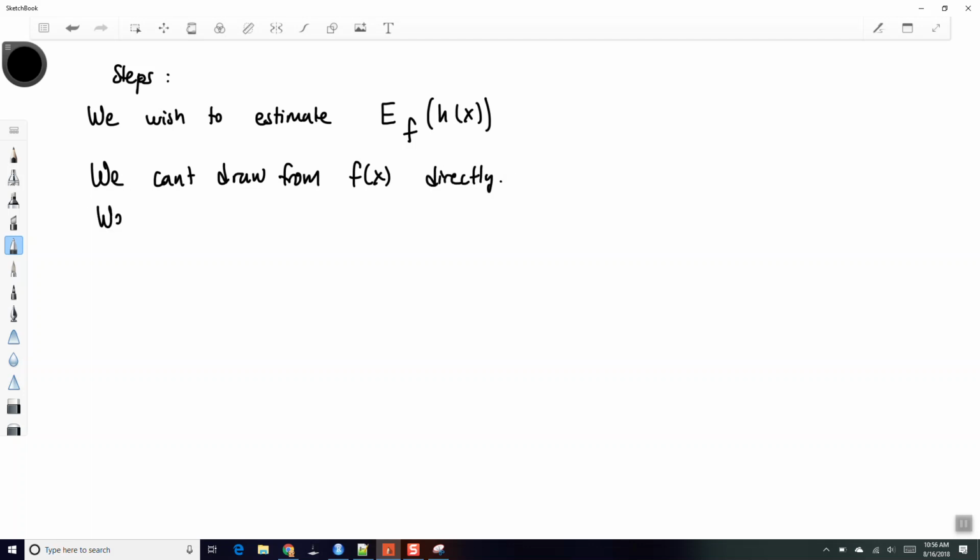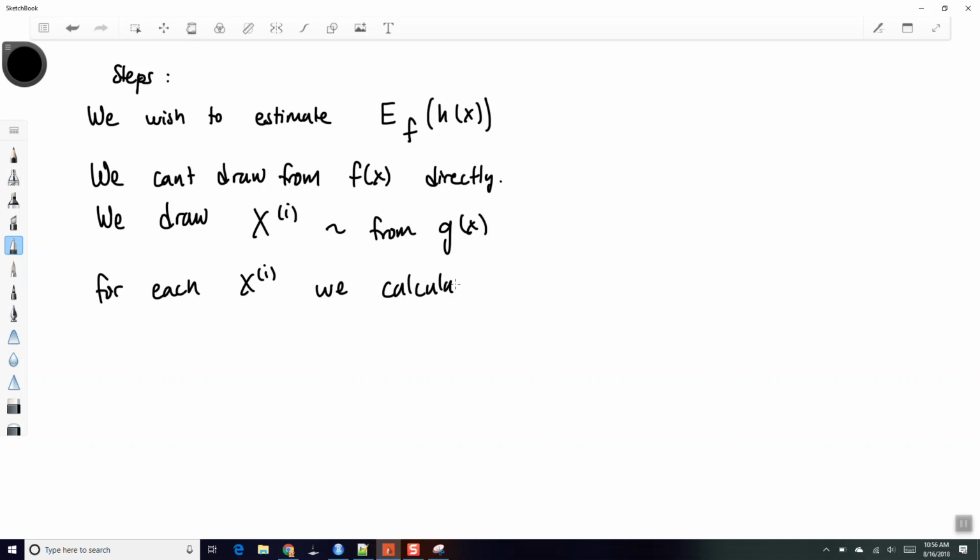So we draw x super i's from g of x. And then for each xi, we calculate h and f and g.